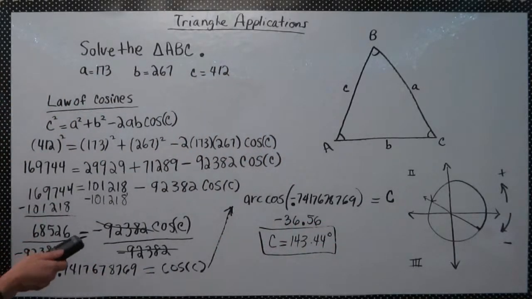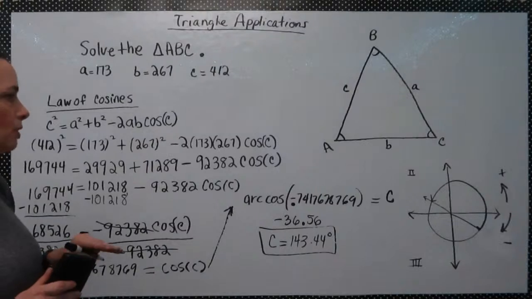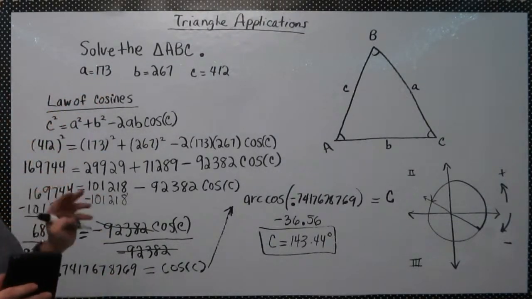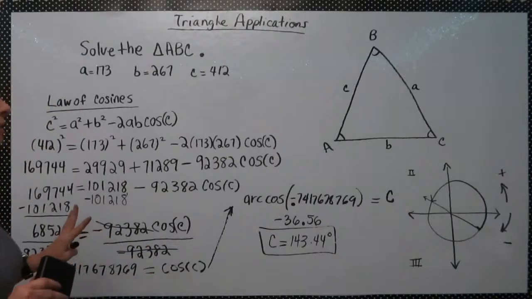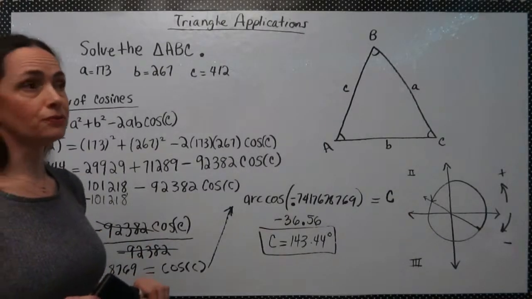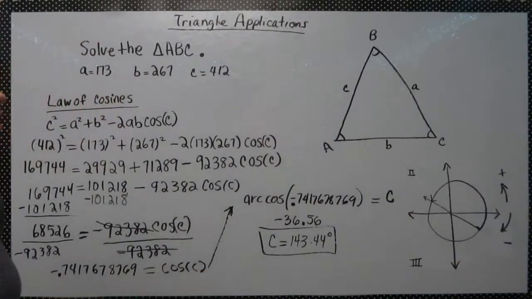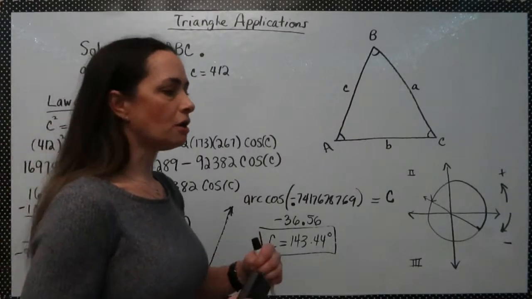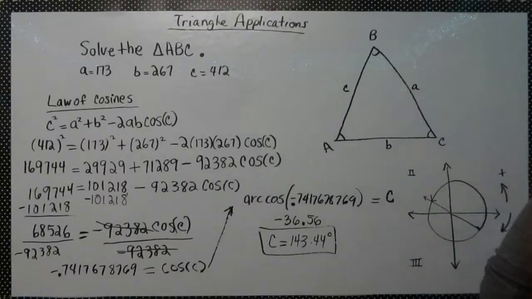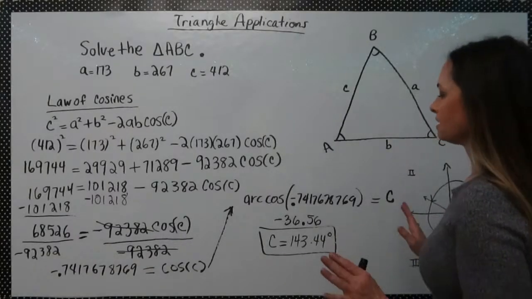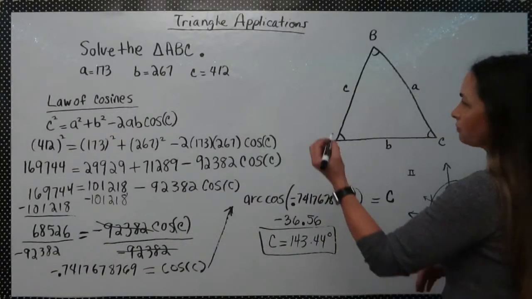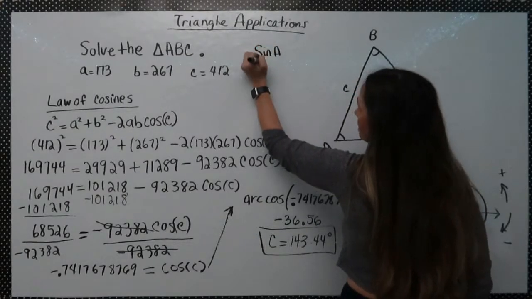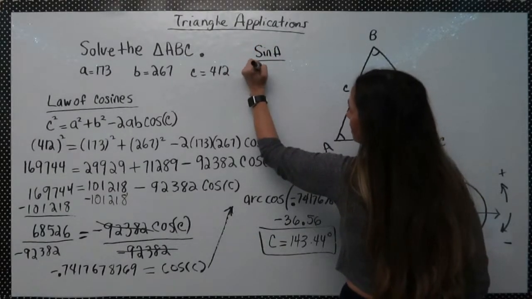So once you have one angle, and I already know all three sides at that point, because law of cosines is very useful in certain situations. Law of sines is so much easier to use. So then to solve the triangle, I will just use law of sines. So you have law of sines, which is sine A over little a.